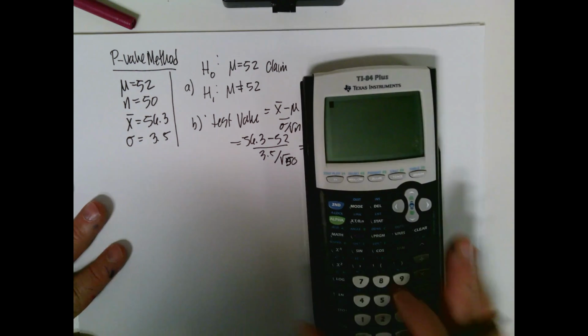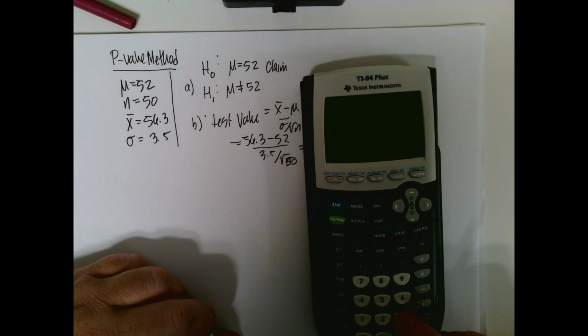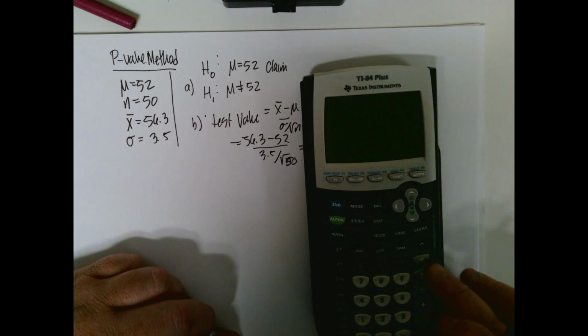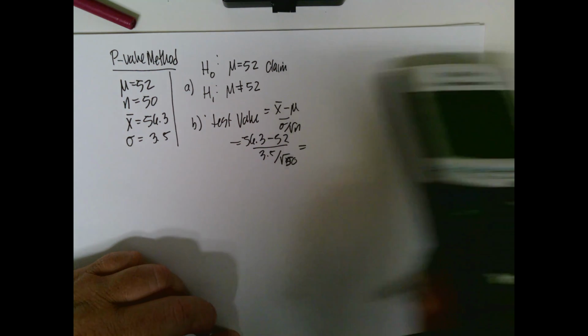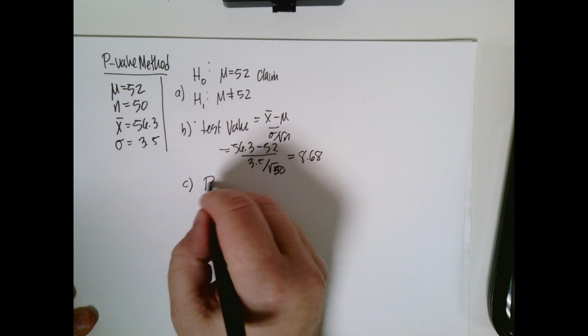Plug that into our calculator, and we get 56.3 minus 52 divided by 3.5 divided by the square root of 50. We get 8.68.